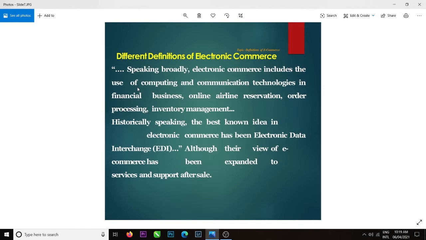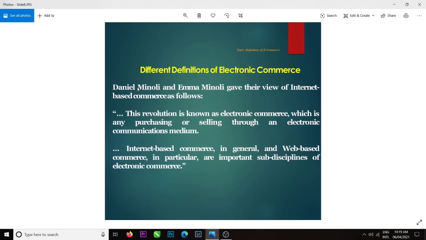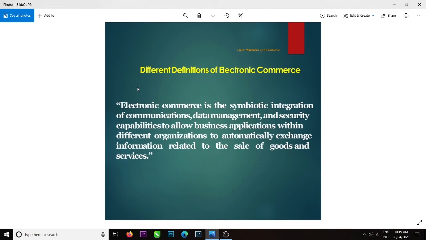That is called e-commerce. Purchasing or selling through an electronic communication medium, either through a website or even teleshopping, is also considered e-commerce.